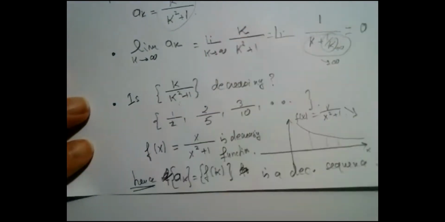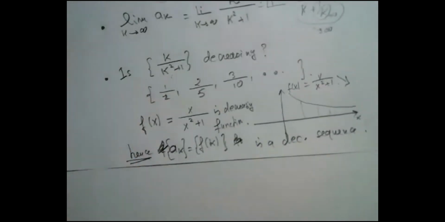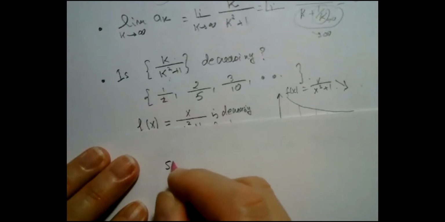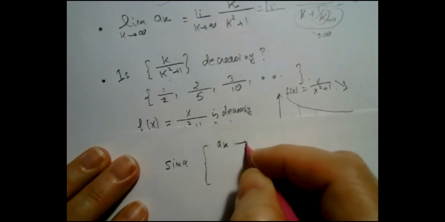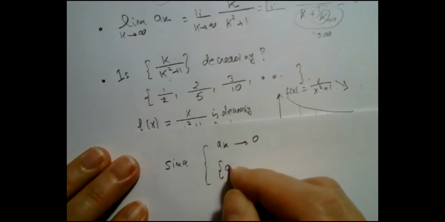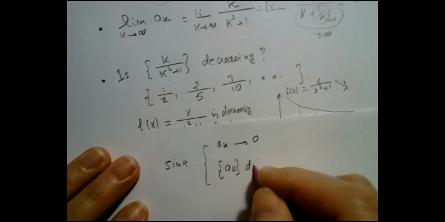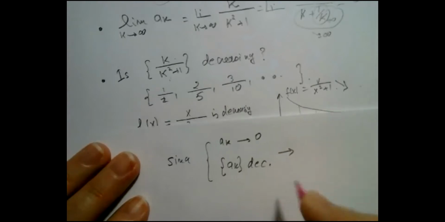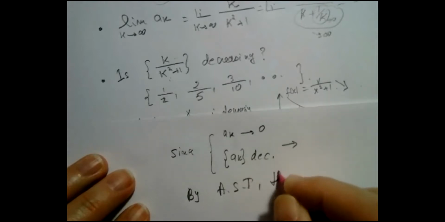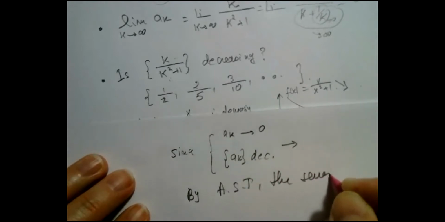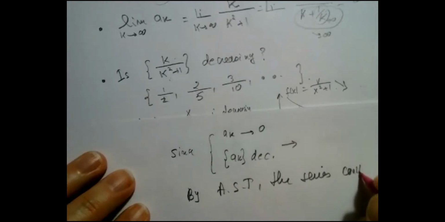So now we can apply the alternating series test at this stage. By the alternating series test, since a_k goes to 0 and the a_k form a decreasing sequence, the series converges.